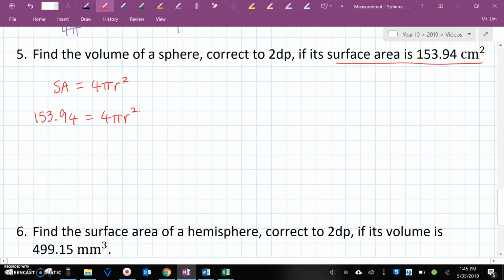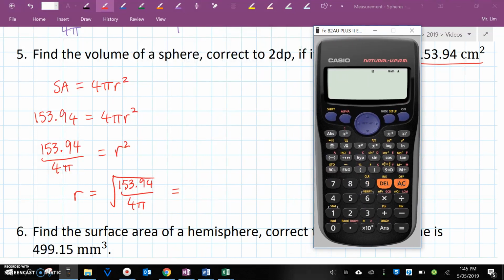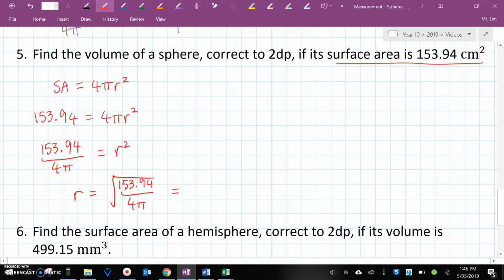We're going to divide both sides by 4 pi. 153.94 divided by 4 pi will give us r squared, and therefore the radius will equal the square root of 153.94 over 4 pi. Let's just see what that equals. 3.5. Just leave it as 3.5 to 1 dp.